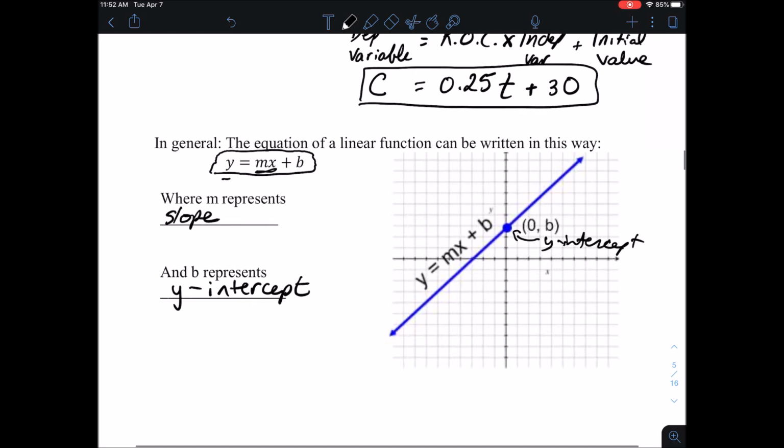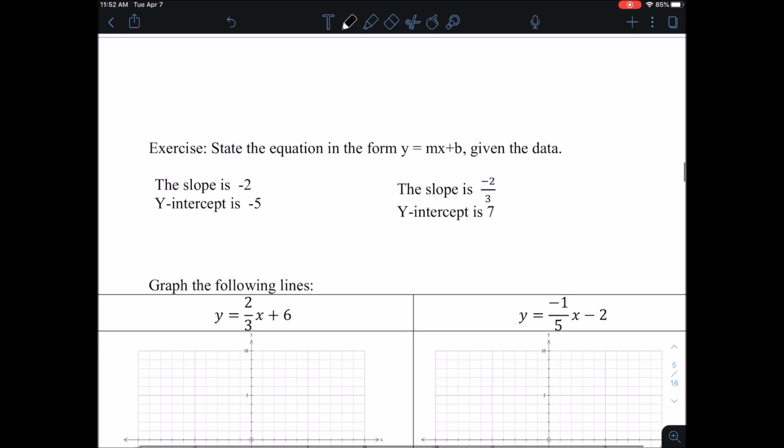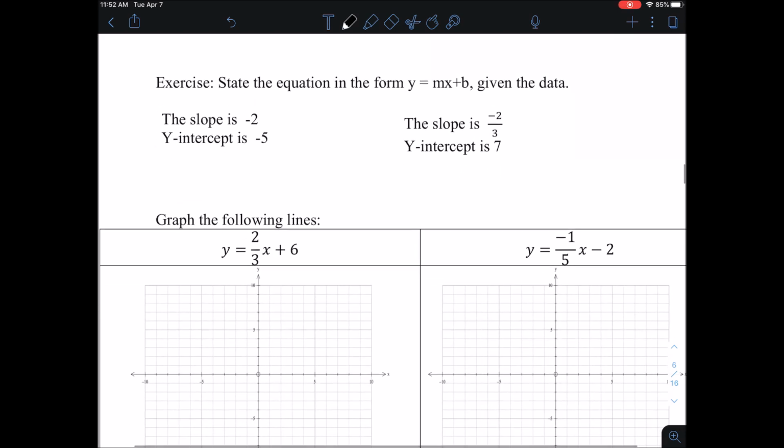And that's our equation. So let's look at some questions where we're practicing this form of the equation, mx plus b. First of all, we're given some information and we're just going to plop it into the equation where it goes. So m is the slope, and b is the y-intercept.